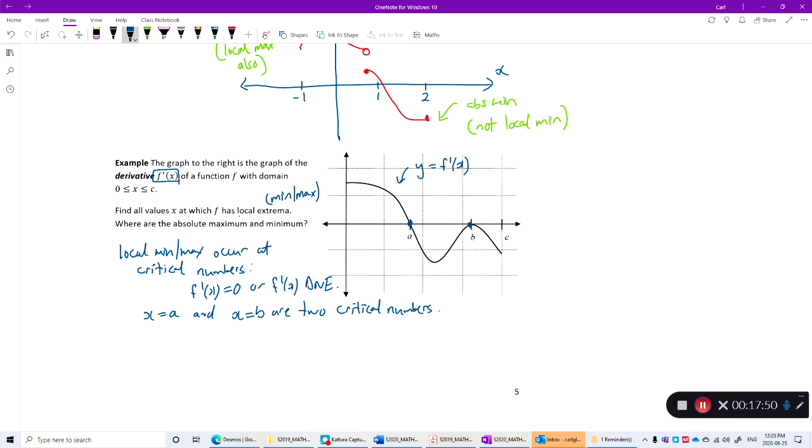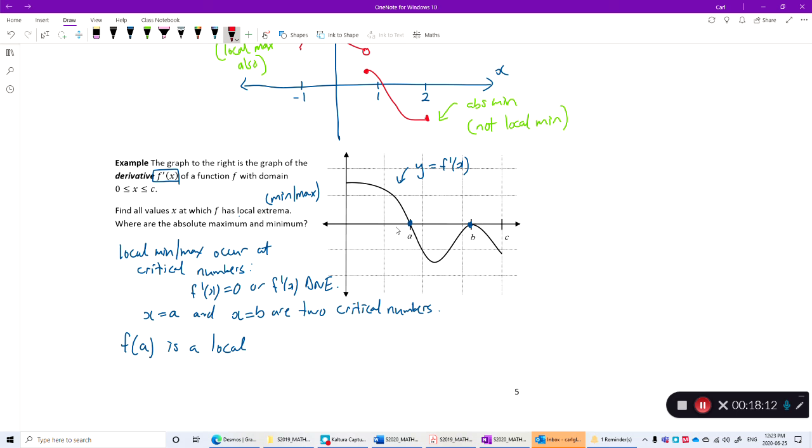So if there are any local extrema, they occur at those places. So let's think here. What do we know about f of a? f of a is local what? So we have to use some reasoning here.